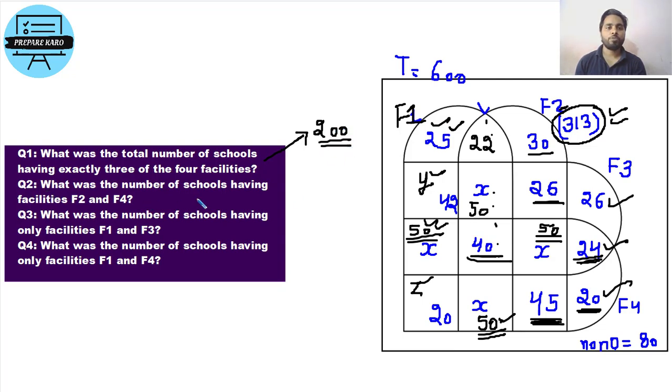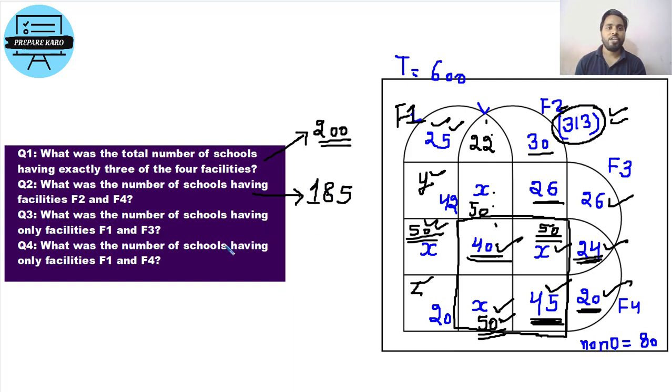Next, what was the total number of schools having facilities F2 and F4? F2 and F4. So basically we have to find the sum of these 4 regions. F2 and F4. So 40 plus 50 is 90 plus 50 is 140 plus 45 is 185.